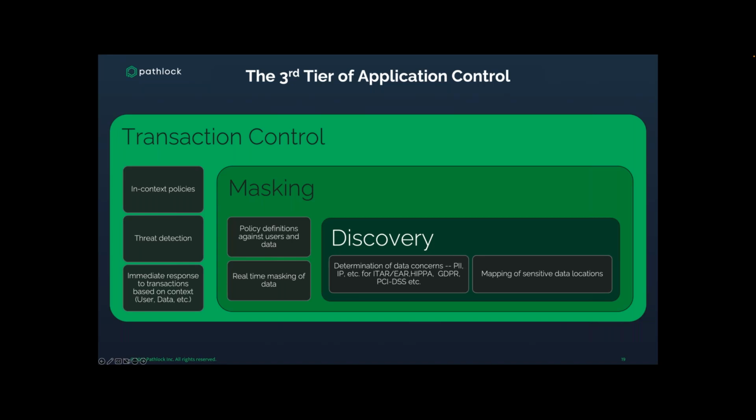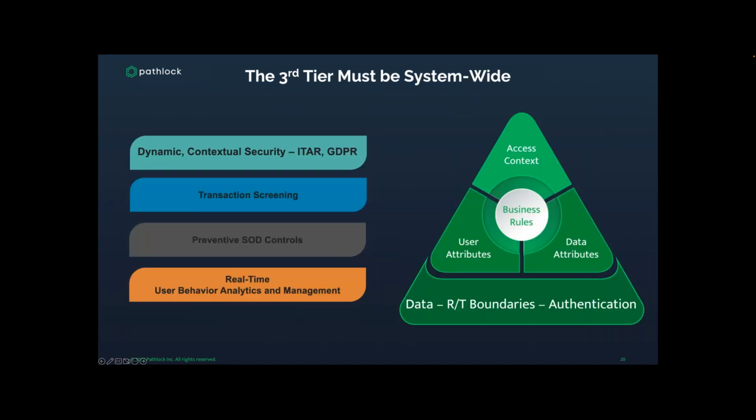It's asking the question, not so much how do you restrict access to data, but how do you control access when it's necessary? How do you control necessary access to transactions and data? It's important to think about controlling that access, both from a regulatory perspective.